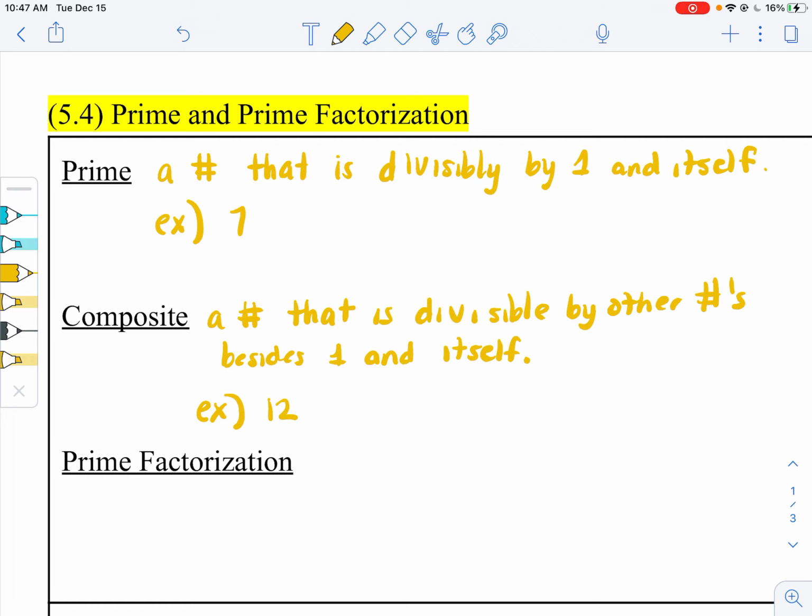Yes, it's divisible by 1 and 12, but it is also divisible by 3. It is also divisible by 4. It is also divisible by 2, and it is also divisible by 6. Okay, so there are other numbers that make it composite. You only need 1 in order to prove that it's composite. So you could say 12 is divisible by 2. It's an even number, so it's composite.